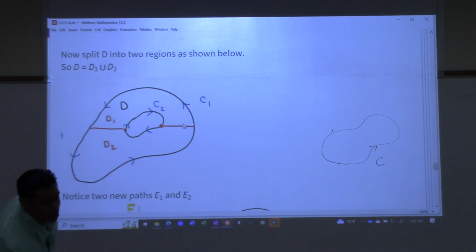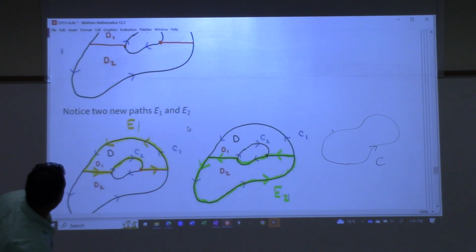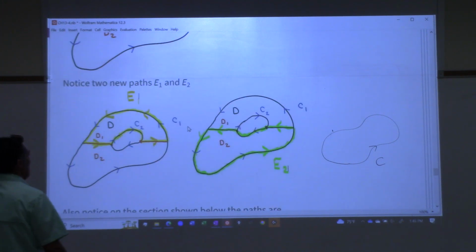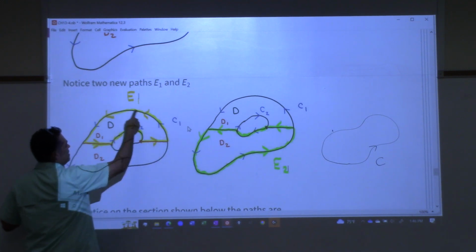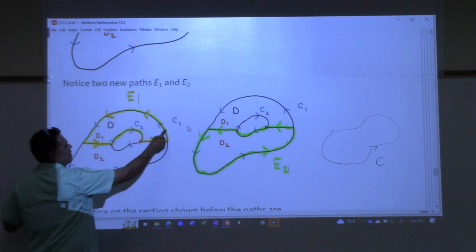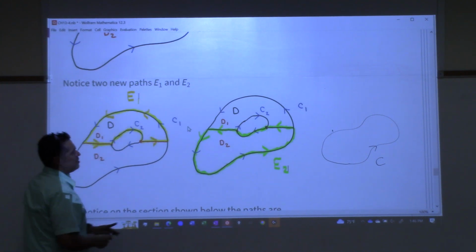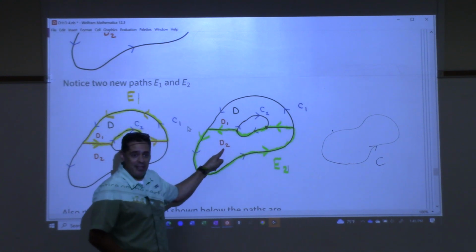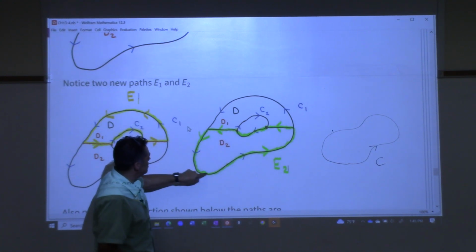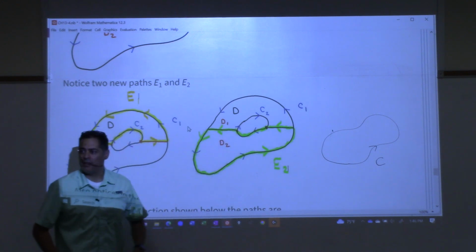Now I'm going to create two new paths. One path is going to be called E1. It's going to be the one that goes around D1. And it's going to go in positive orientation, right? And then E2 is the path that goes around D2. And look at it. It goes in its positive orientation as well, isn't it?